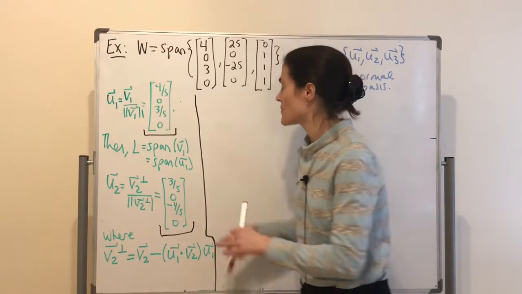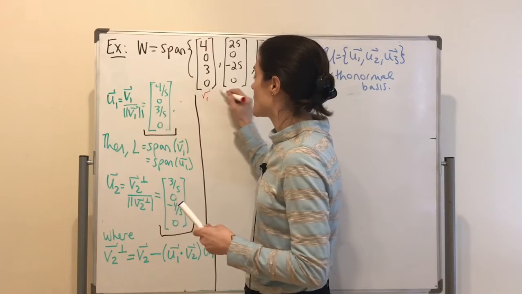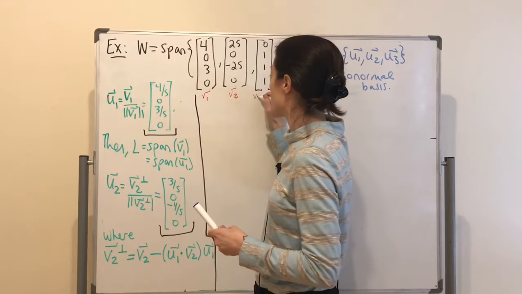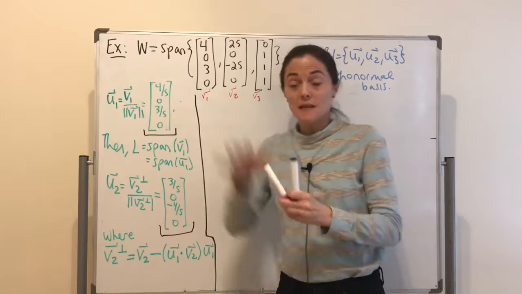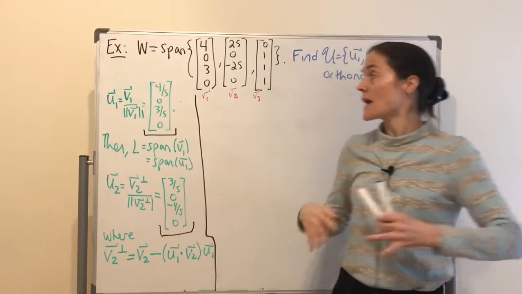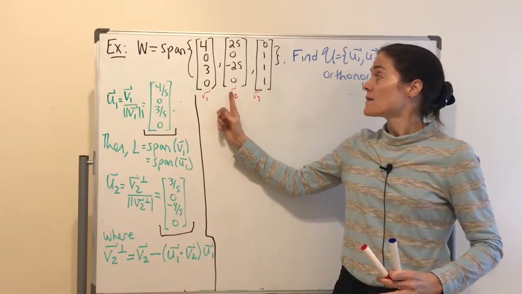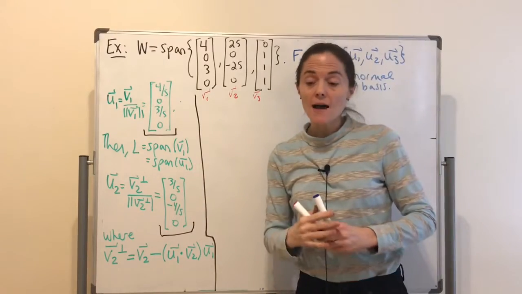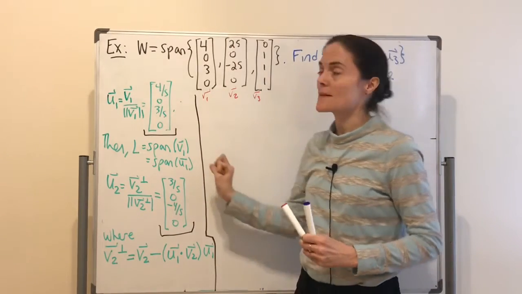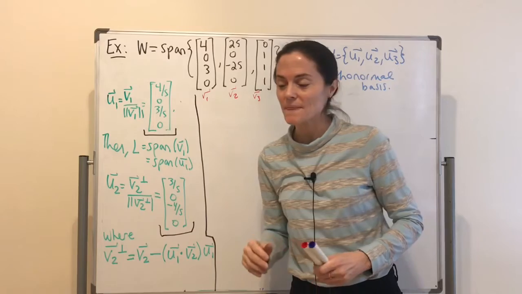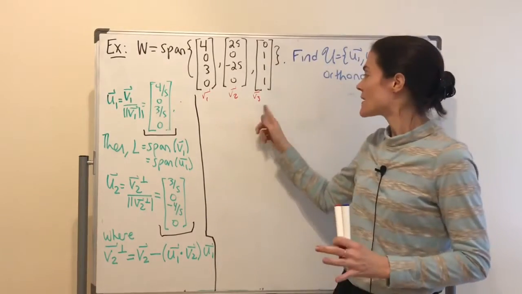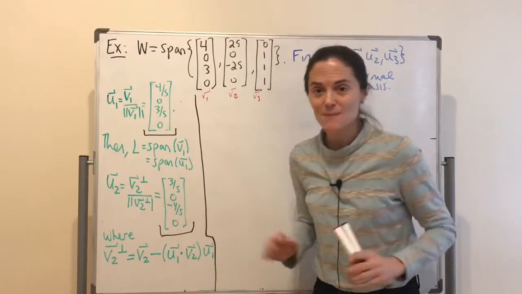Oh, I should label these v1, v2, v3. We're going to project v3 onto the span of the previous 2. So now we're going to project this onto a 2-dimensional subspace in R4, and then take the component of v3 that's orthogonal to that subspace.